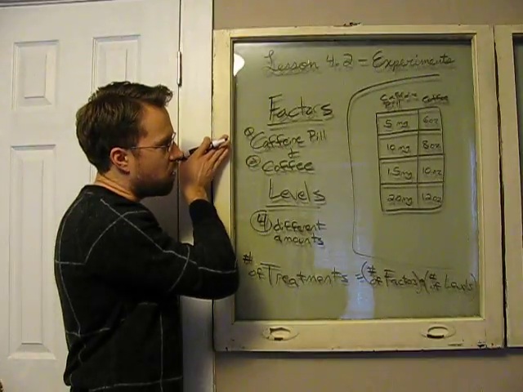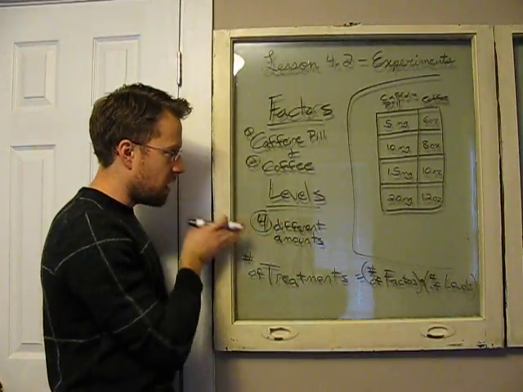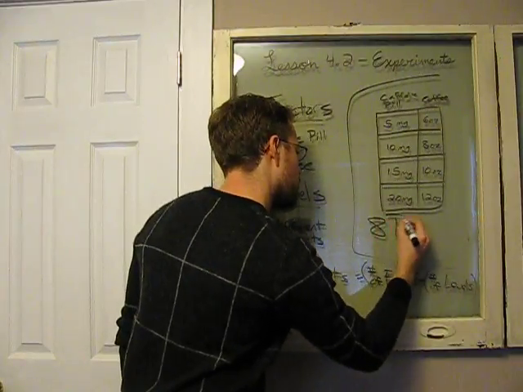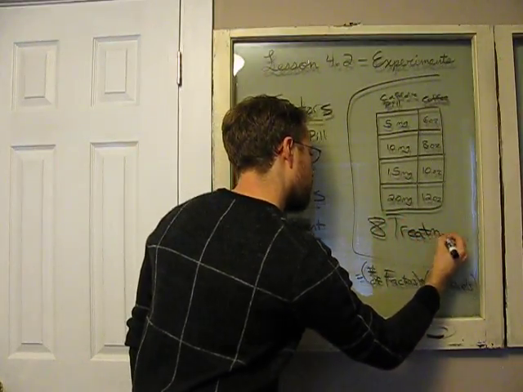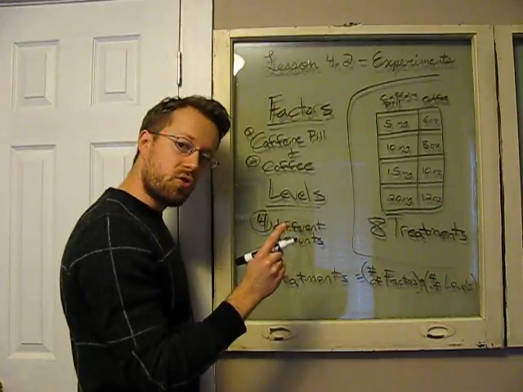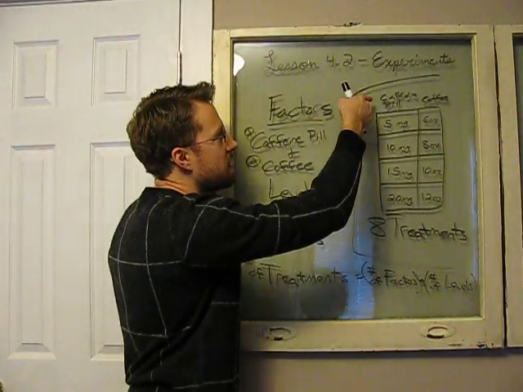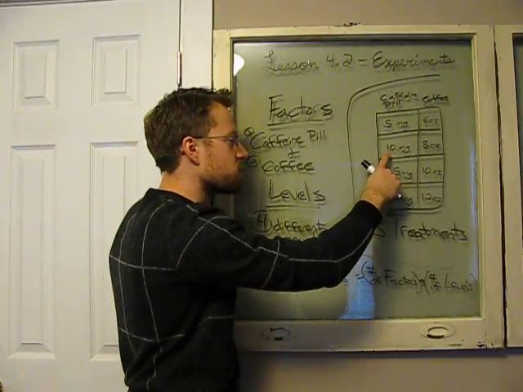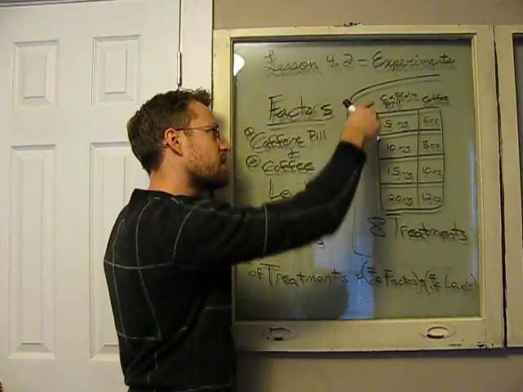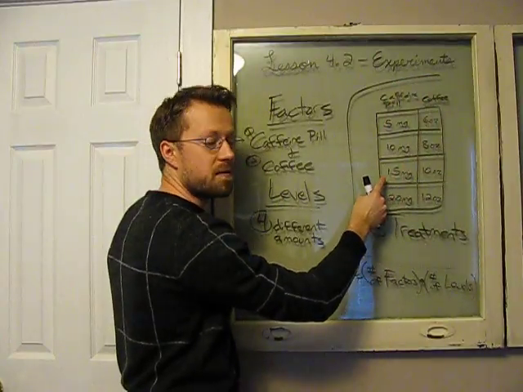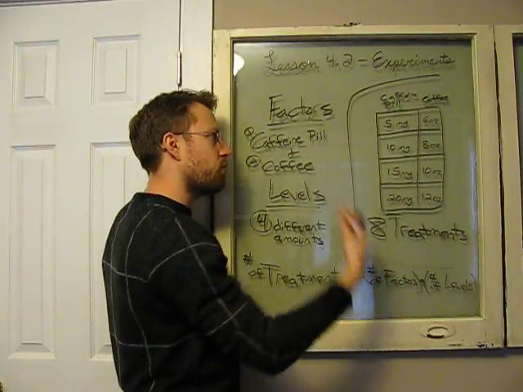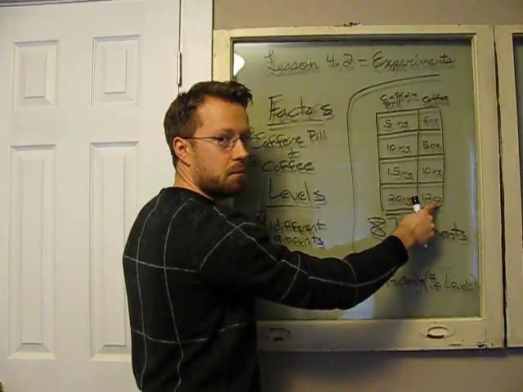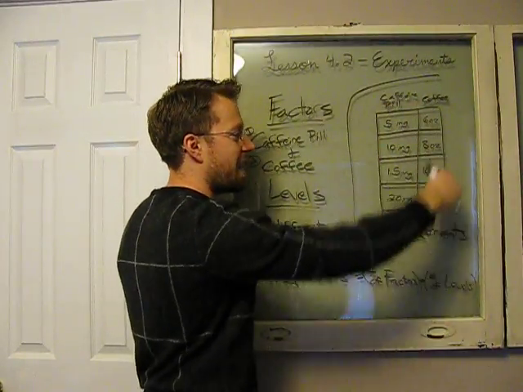So if there are 2 factors and 4 levels, this experiment has 8 treatments. One treatment is the caffeine pill being applied at 10 milligrams. Another treatment is the caffeine pill being applied at 15 milligrams. A third treatment could be getting 12 ounces of coffee. But altogether, you have 8 treatments.